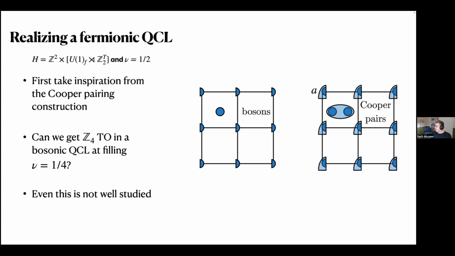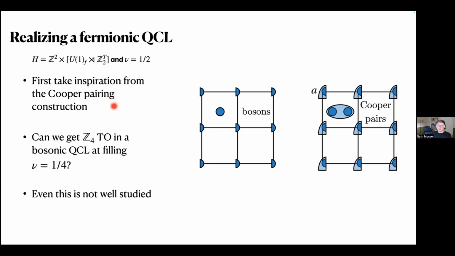And I realize that I'm quickly getting close to the end, so let me just very quickly talk about realizing a fermionic QCL. I realize I was motivated by the experiment, but this is a really hard question, so I want to see if I can find a model system to realize a fermionic QCL.